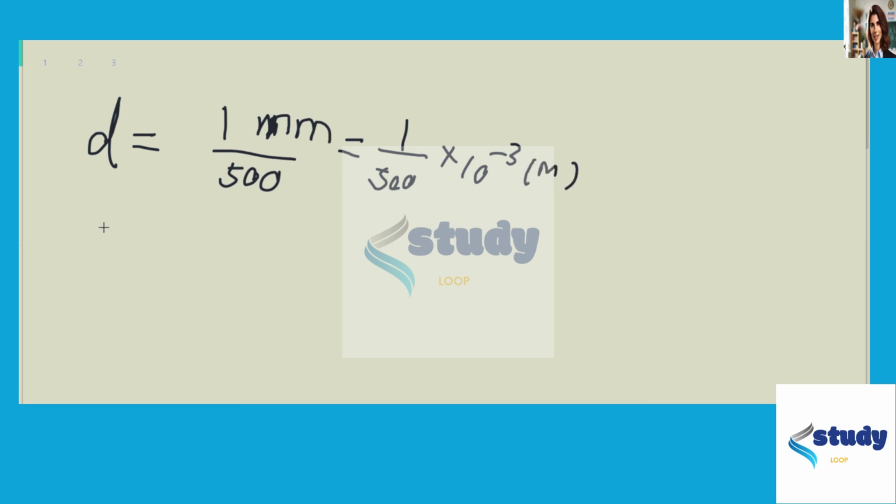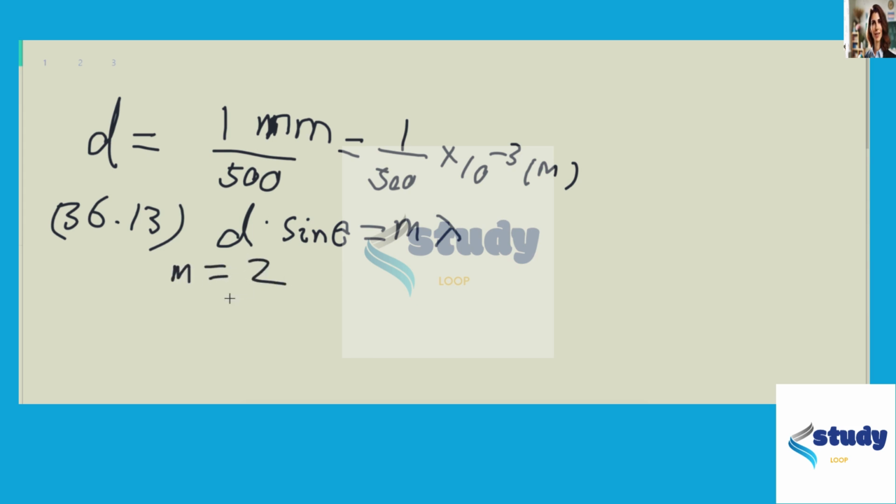What we also know is equation 36-13. Let me write it down: separation d times sine theta equals m times lambda. If we want to get the angular position difference at the second maxima, which means m equals 2, this is what we learn.